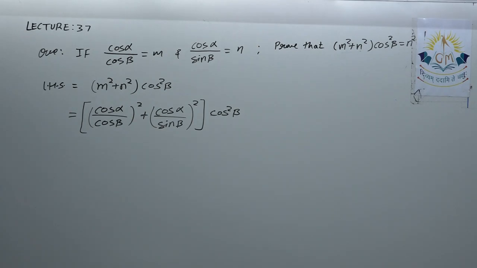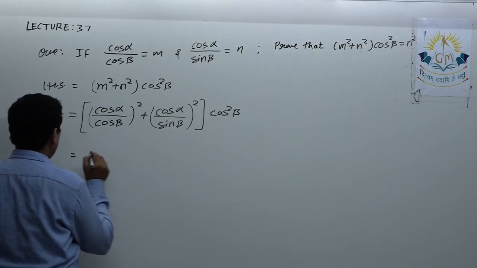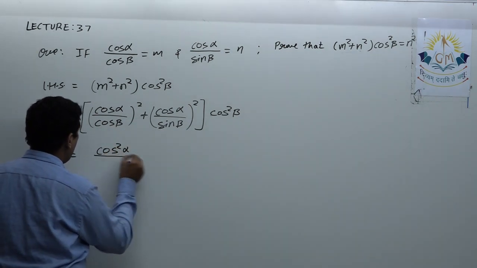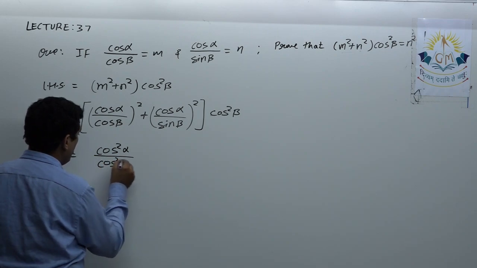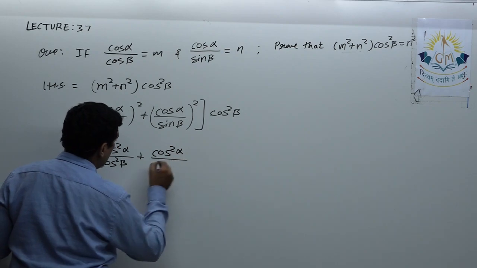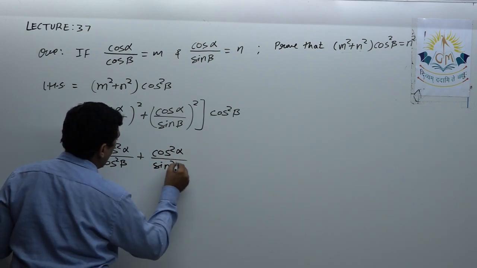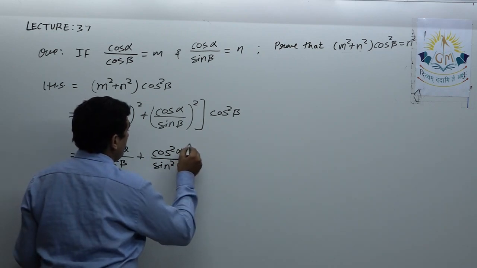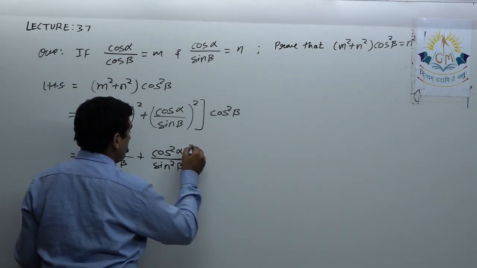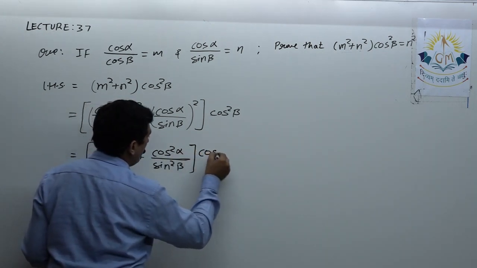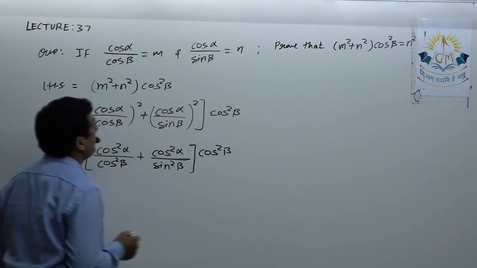Okay, so now here I can write this is cos square alpha upon cos square beta plus cos square alpha upon sin square beta, multiplied by cos square beta.